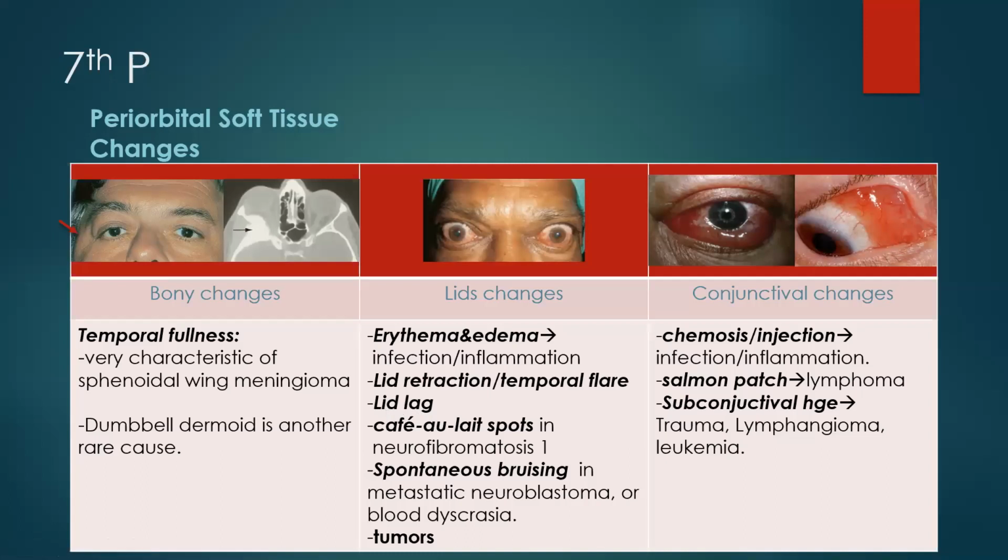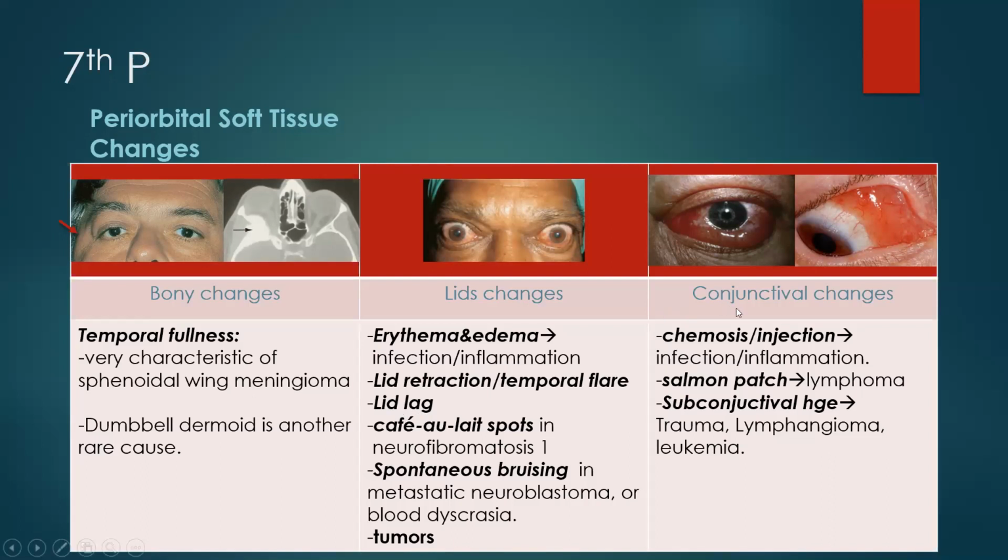Cafe au lait spots in neurofibromatosis type 1. And spontaneous bruising can happen in some conditions like metastatic neuroblastoma, blood dyscrasia, or sometimes rhabdomyosarcoma and other tumors.